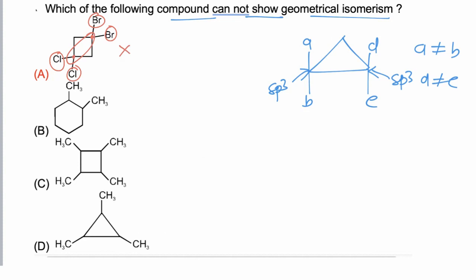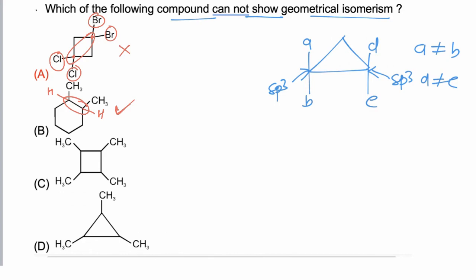Now if we take example B, these two are sp3 hybridized carbons which have different units, so this molecule will show GI. In this molecule we require a minimum of 2 carbon atoms. If more than 2 sp3 hybridized atoms are present, then the molecule will still show GI.